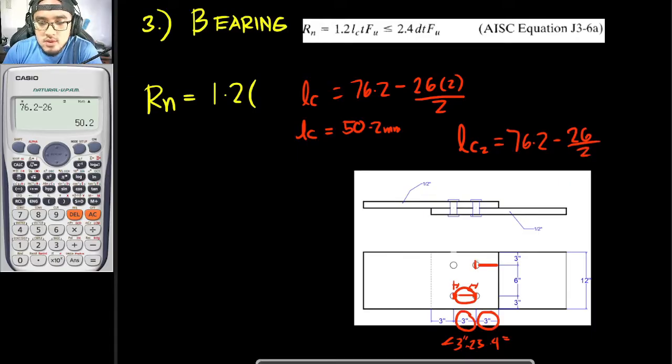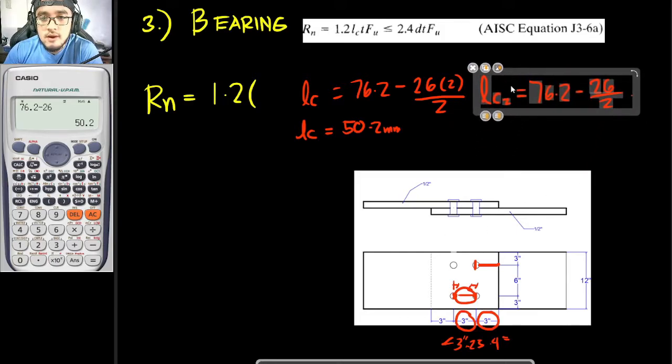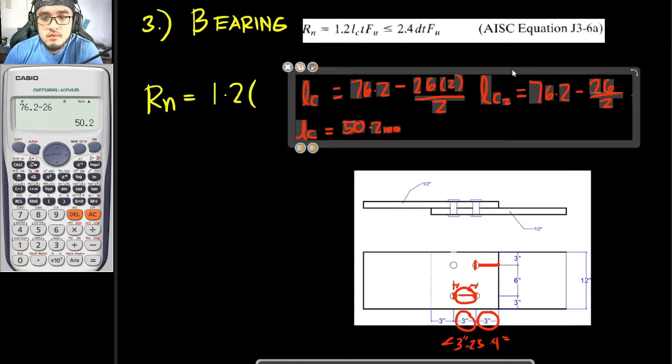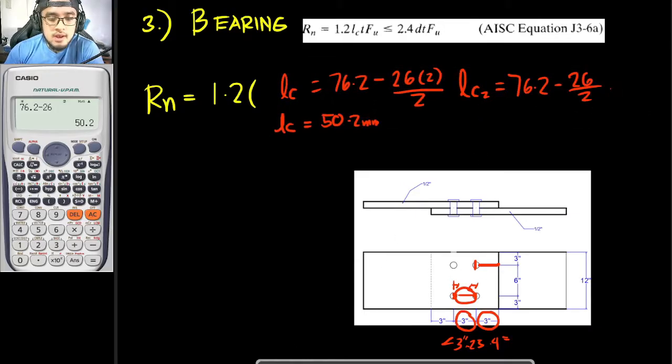This time wala nang times 2 kasi iisa lang, hanggang dito na siya sa dulo. Teka guys, ayusin ko lang. Erase na lang natin mamaya. So the answer here is 76.2 minus 26 over 2, and our answer here is to be 63.2.